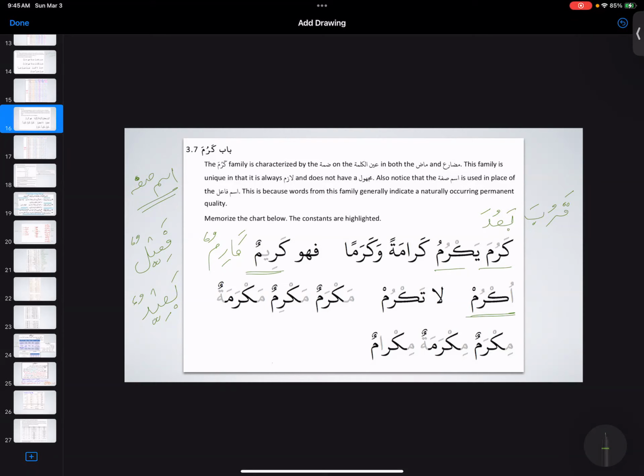So ukrum, la takrum, and then makramun, makramatun, mikramun, mikramatun. We say Makkah Mukarrama? No, that is a different pattern. It has shadda.